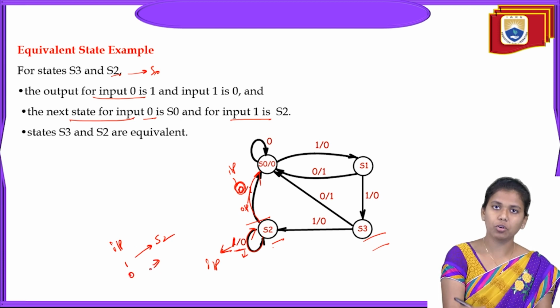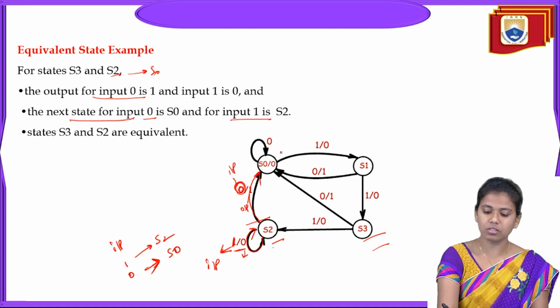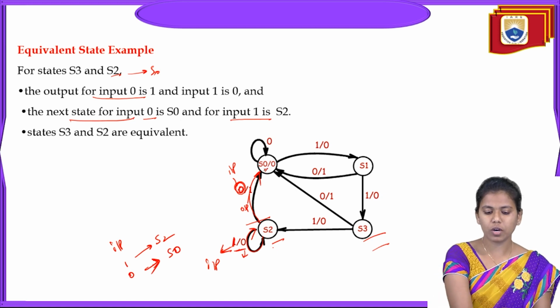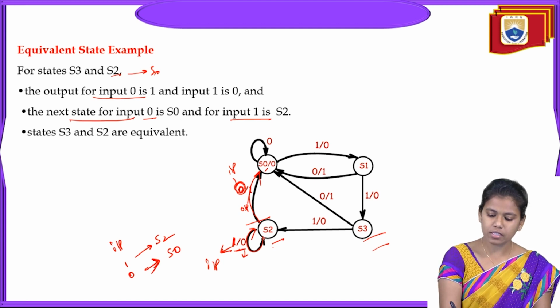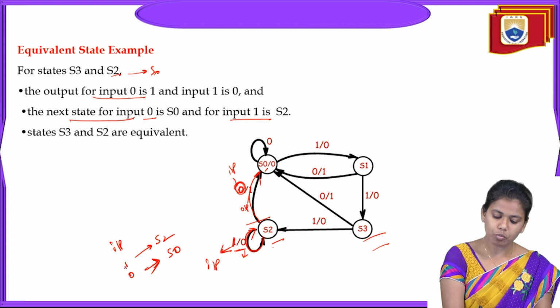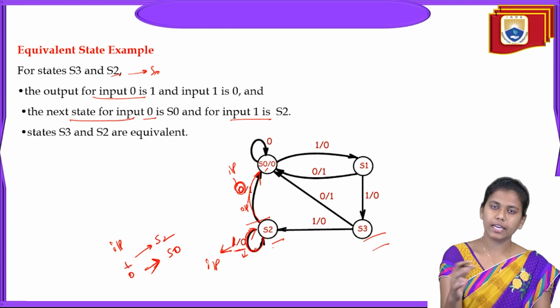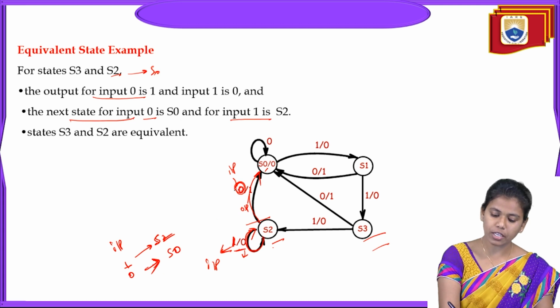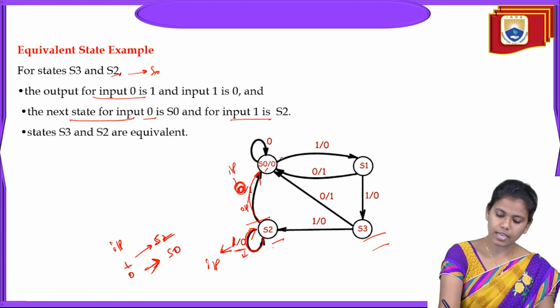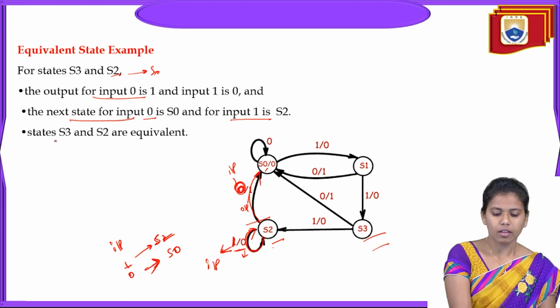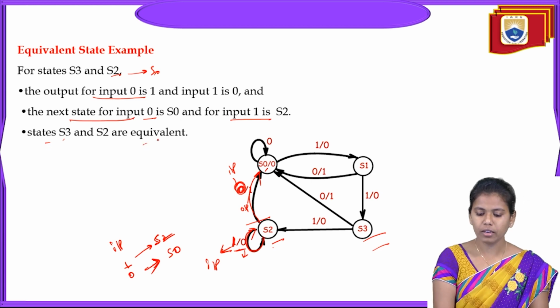If input is 1, then it remains in S2; if input is 0, then it transitions to S0. That is what the equivalent state definition says about the next state. The next state for input 1 is S2 itself, whereas for input 0 the next state is S0. And then states S3 and S2 are equivalent.